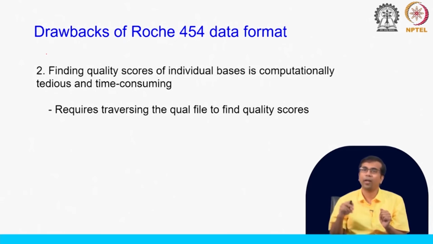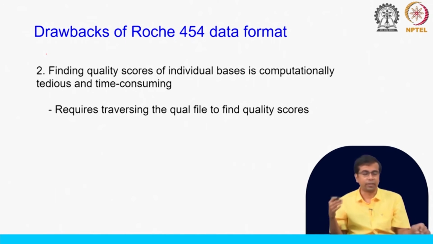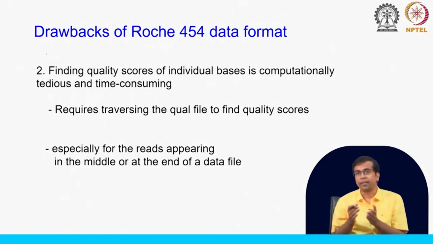It will take a lot of time, because every time you are reading one read sequence, you have to traverse through the quality score file. This traversing through the quality file is very time consuming. It is especially hard for the reads that appear in the middle or at the end of this sequence file.